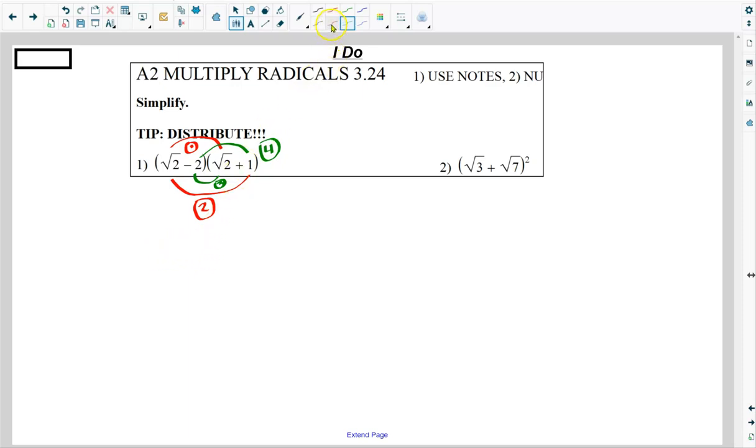So they call that FOIL. We don't have to eat up too much time with that because that's the first, that's outer, this is inner, and that's last. But of course most of you guys know this, so we can comfortably move on.